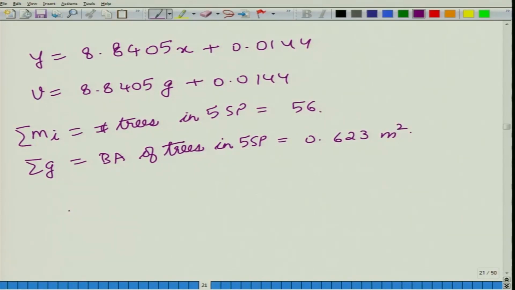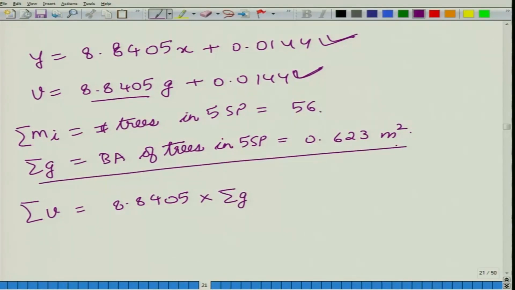So now if we use this equation to find out the total volume, we are given V, so we want to calculate the sum of all the V's, so that will be given by 8.8405 multiplied by the sum of G, so sum of G is this value, plus 0.0144 multiplied by the sum of the mi values.